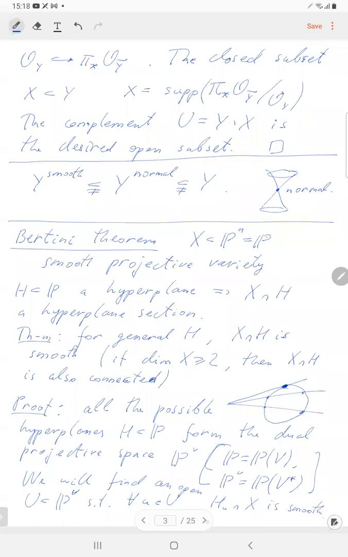And to this end, we will consider the universal family of hyperplanes. Well, maybe let me call it H calligraphic inside the product P times P dual, or maybe it's also called the incidence variety.